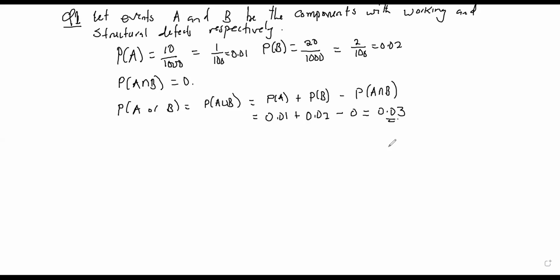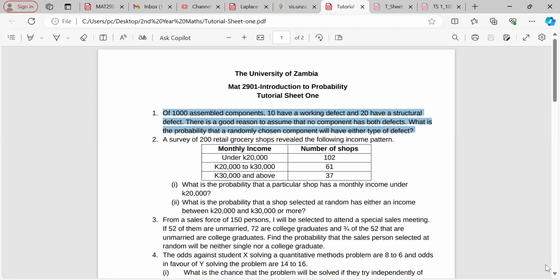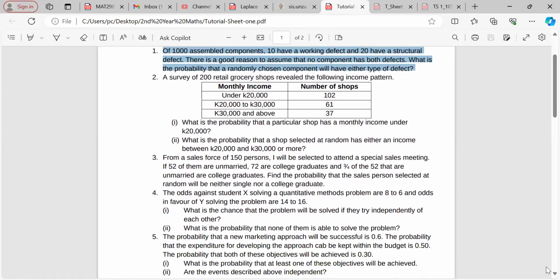Okay, so let's go to the second one. The second one says, a survey of 200 retail grocery shops reviewed the following income pattern.